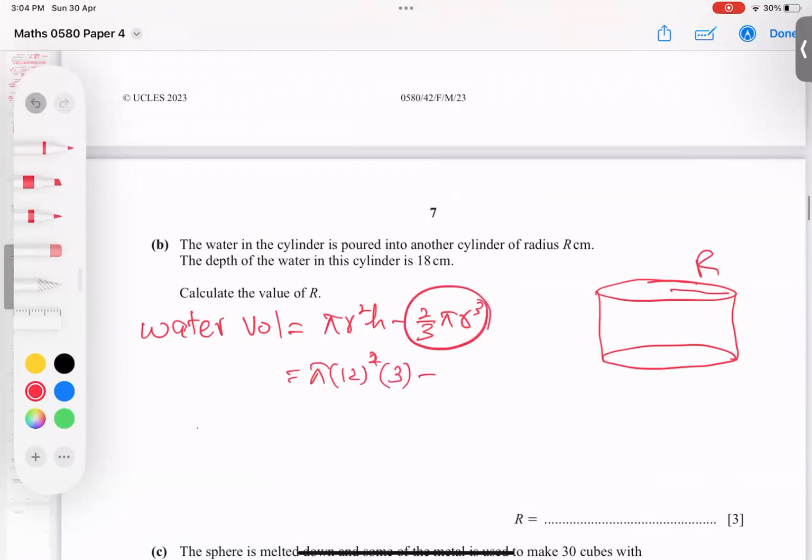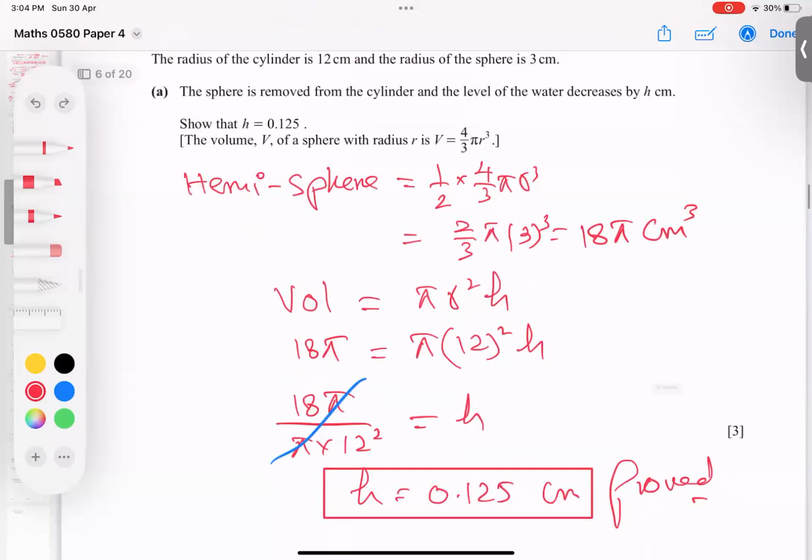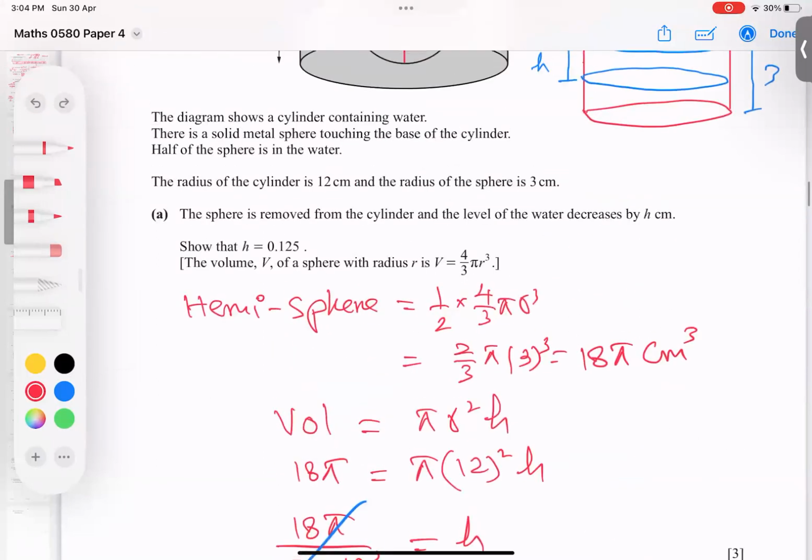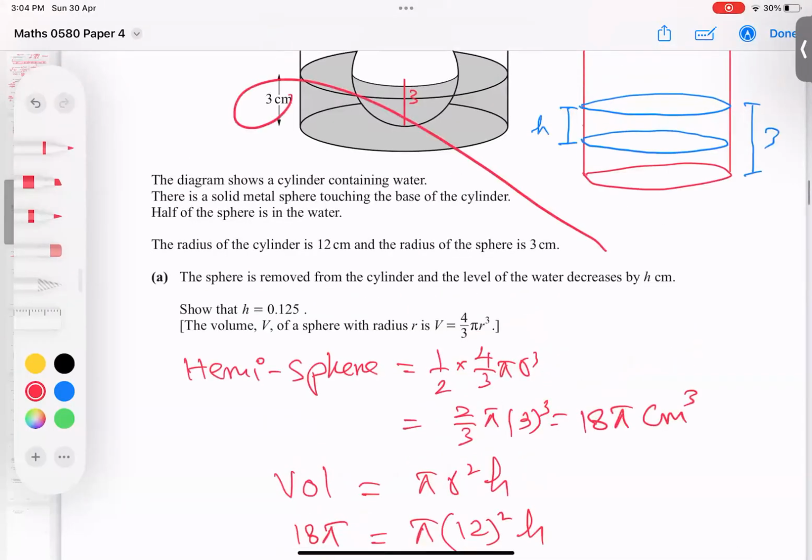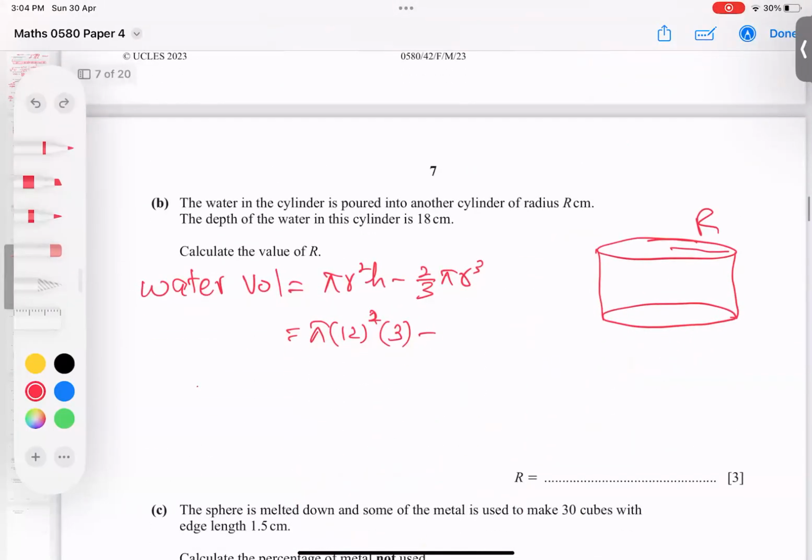The hemisphere I got just before is 18 pi, so I will not calculate again. 12 squared into 3 gives 432, minus 18, so 414 pi is the water volume.